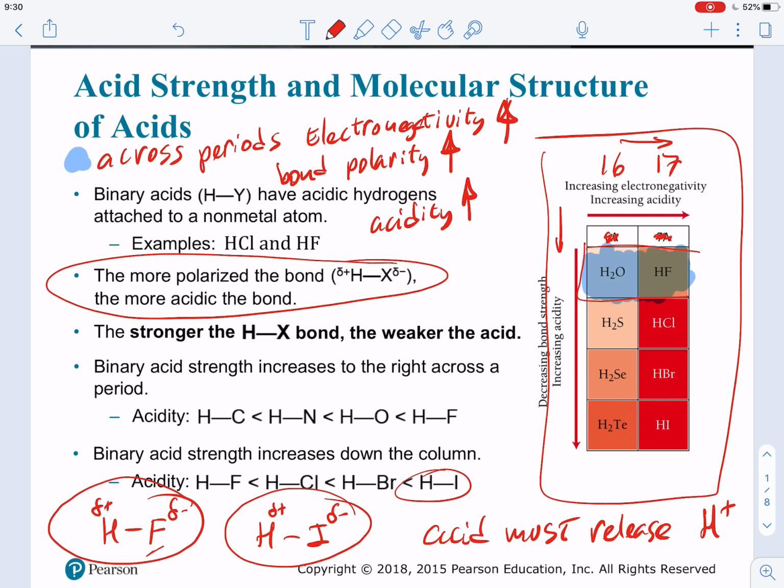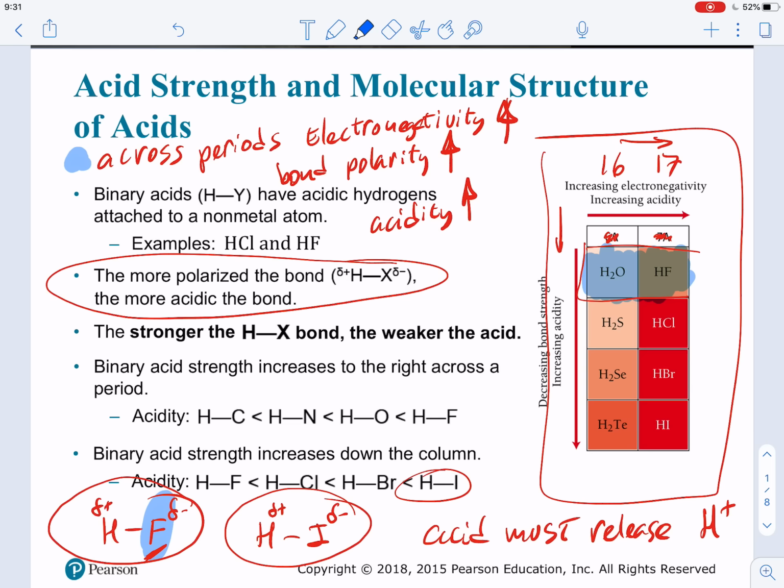Fluorine is very electronegative compared to iodine. Because fluorine is very electronegative, those partial charges will be very strong, and there is going to be a stronger attraction between the H plus and the fluoride. So in hydrofluoric acid, that fluorine is not very willing to let that proton go. It wants to have it close by.